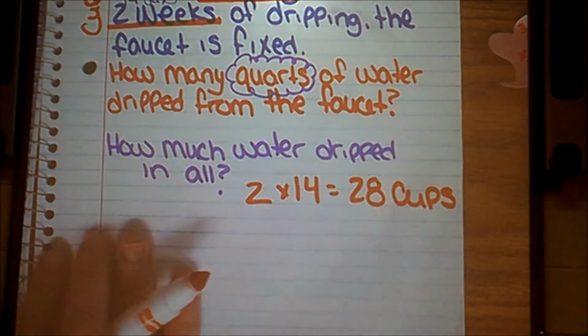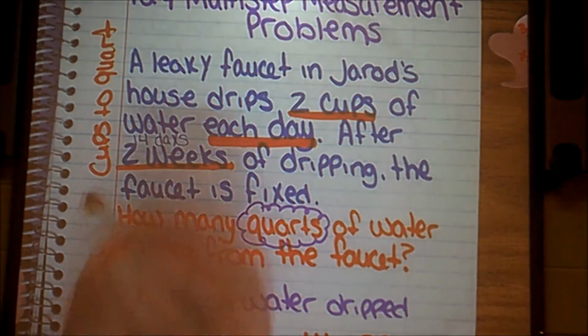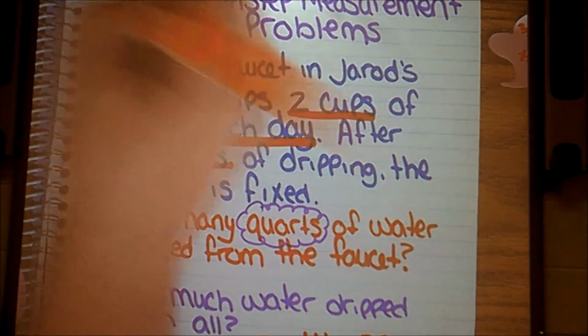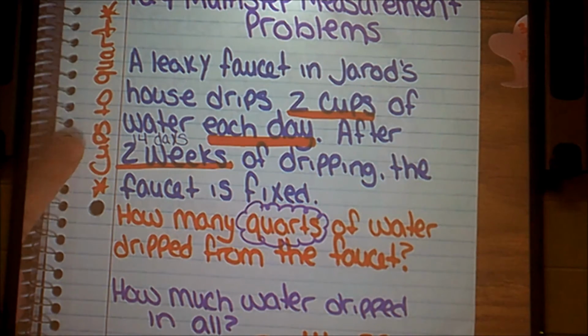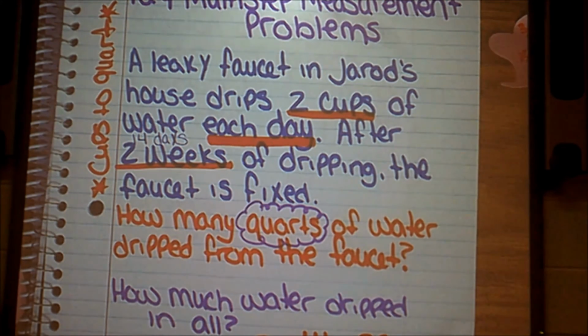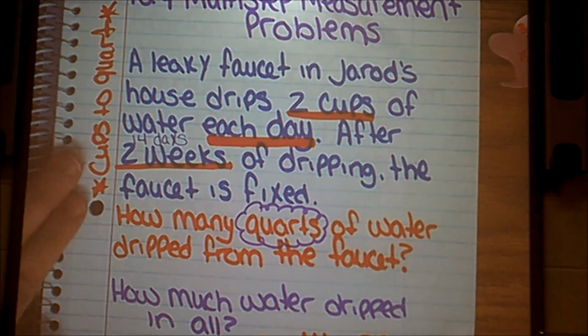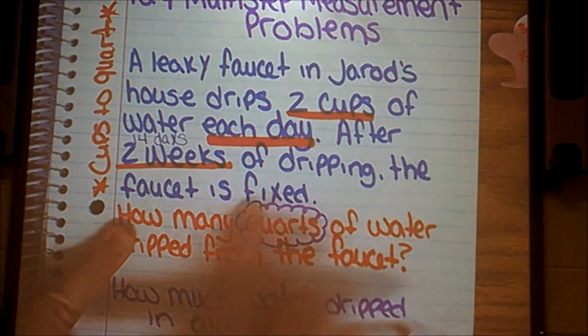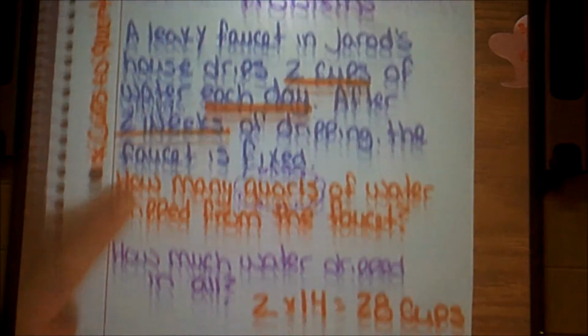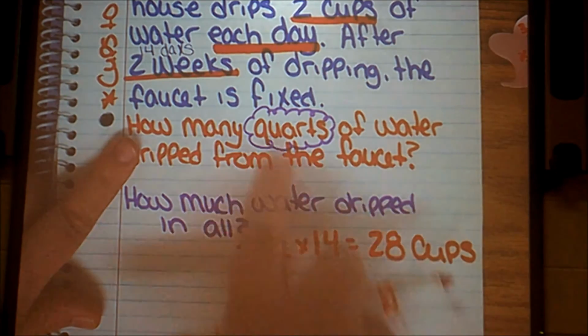But I'm not done there. I have this note off to the side that I wrote in the beginning, that I need to turn my cups into quarts. So that's what I'm going to do now. To answer my question that wants the answer in quarts, I'm going to convert my 28 cups into quarts.